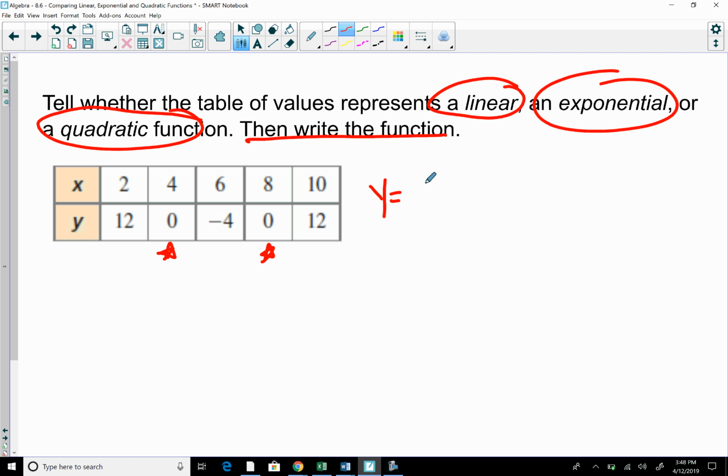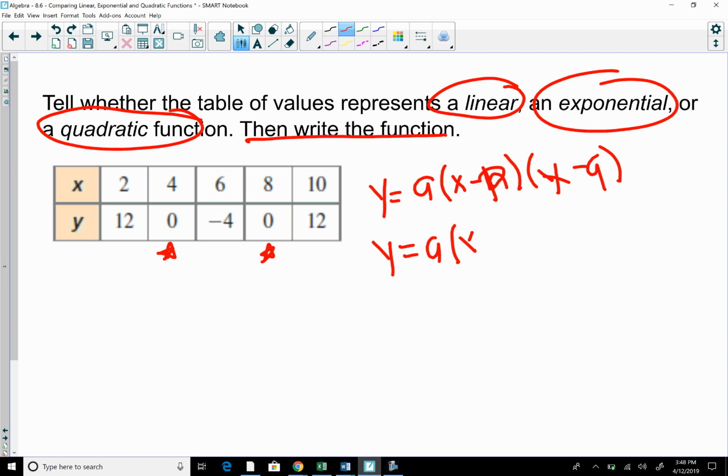So let's use y equals a times x minus h, and then, except let's not use h, let's use p, and then x minus q. And if you notice, you guys, these are those vertices.